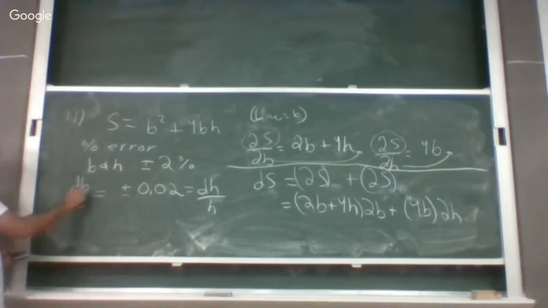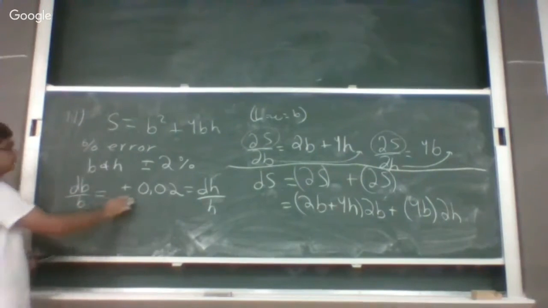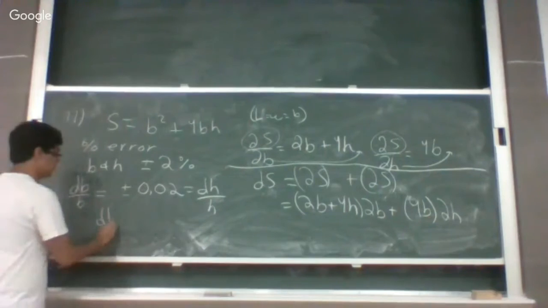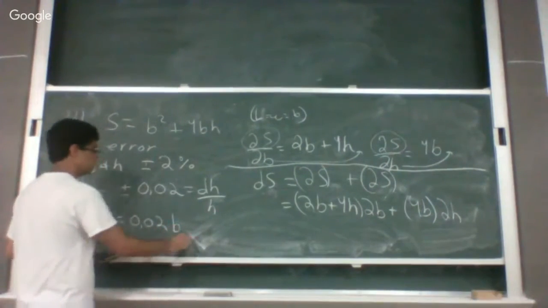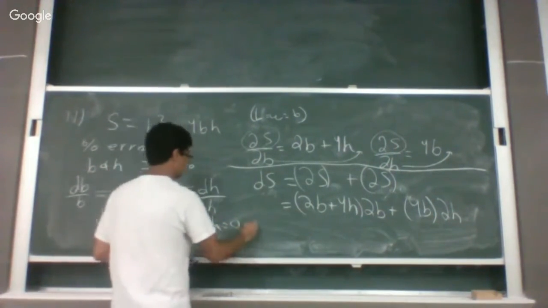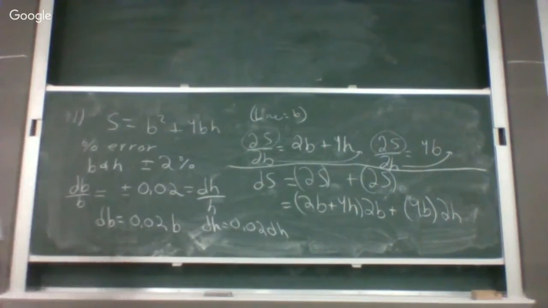Here is something that you need to know: percent error is equal to, so dB over B is equal to 0.02, right? So then dB is equal to 0.02 times B, and dH is equal to 0.02 times H. Okay?